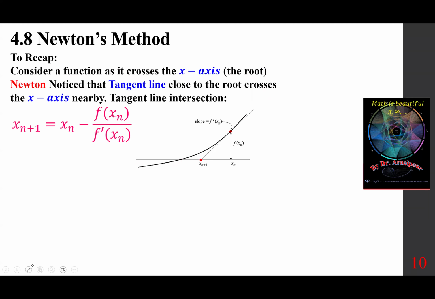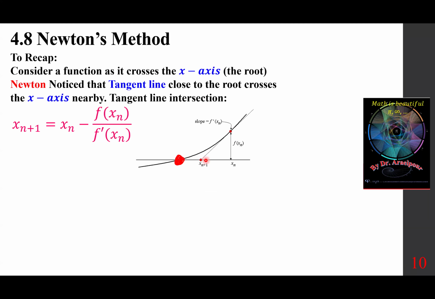Let me make it very large. This is what we are looking for. Newton noticed that a tangent line close to the root crosses the x-axis nearby. So this tangent line crosses where? Here.